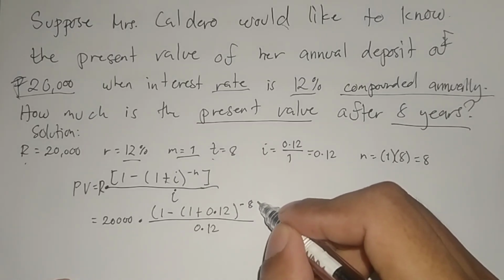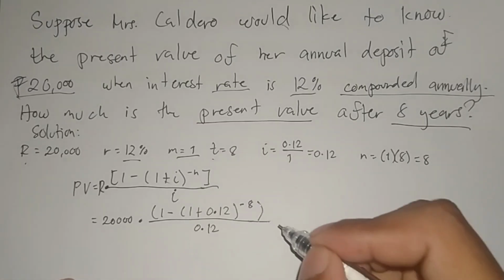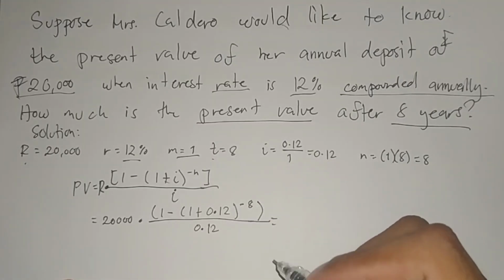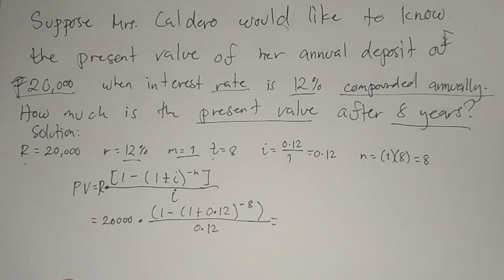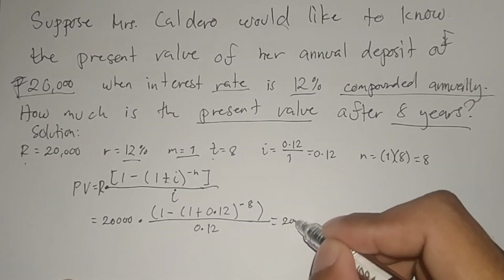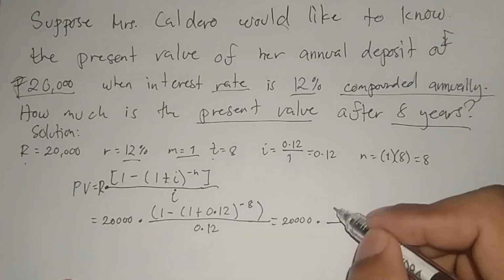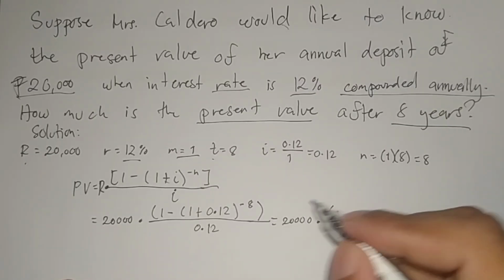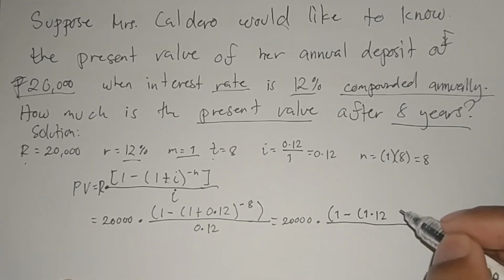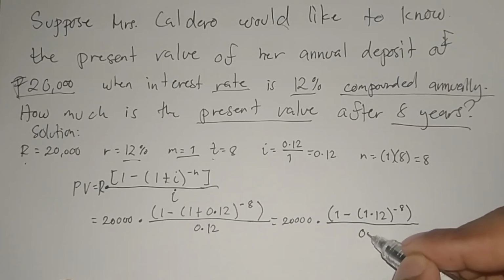Okay, so that's it. Next, we will follow our method earlier, our steps. So first is addition, so copy the rest. 20,000 times 1 minus, so 1 plus 0.12 is 1.12 raised to negative 8 over 0.12.